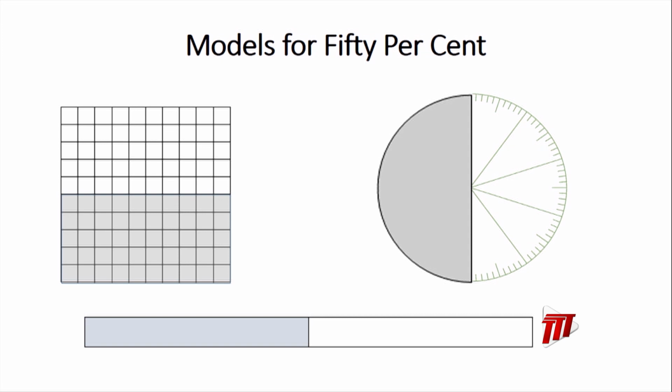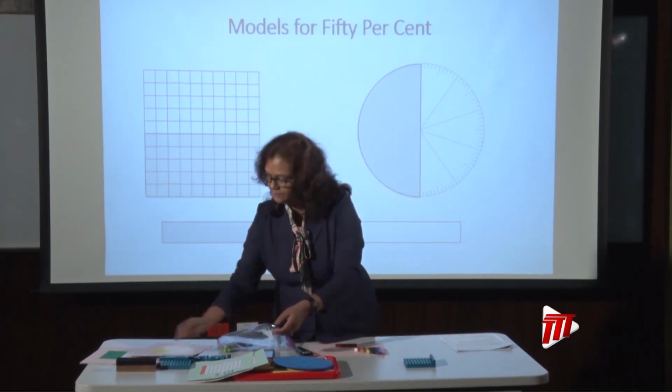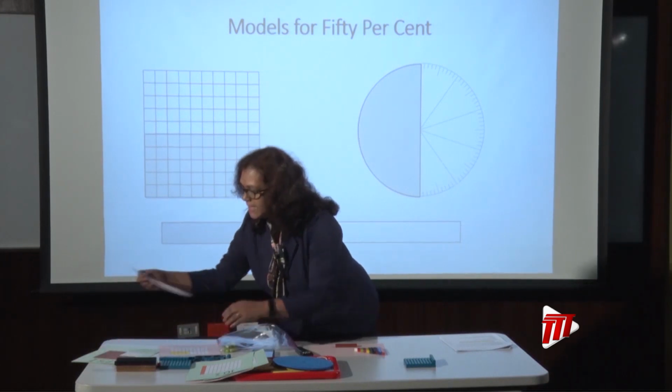So now we are going to look at some other models for percent. The first one we are going to look at is the one for 50%. So we have the grid for 50%.